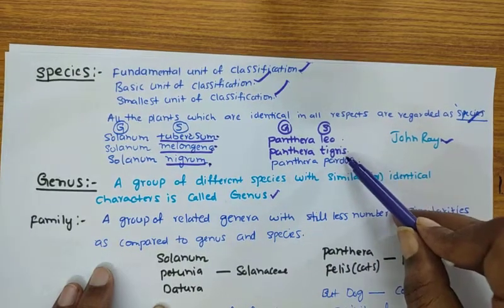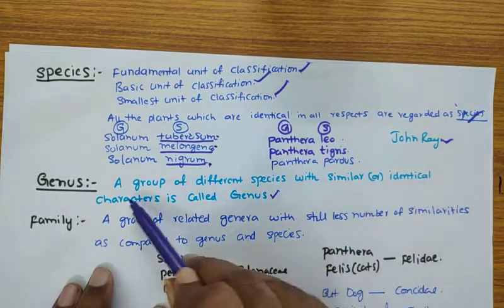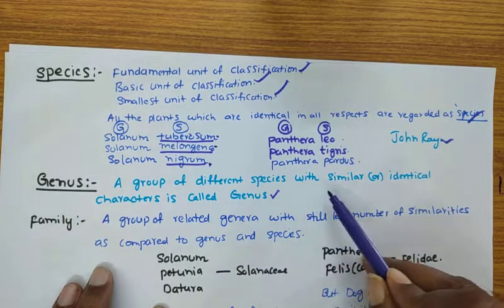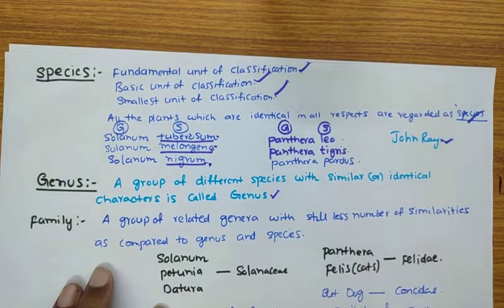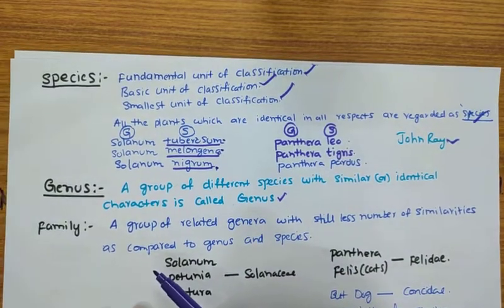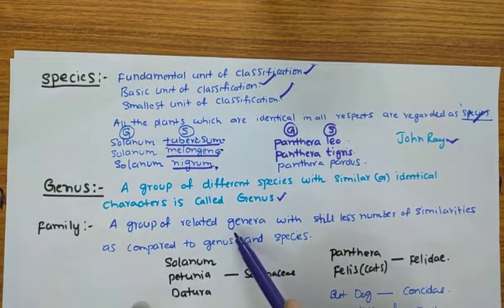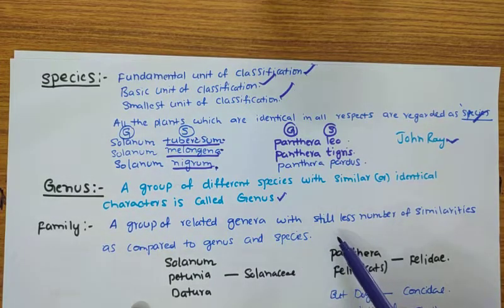These different species belong to a common genus. Then you go for the next hierarchy. What is that? Family. A group of related genera with still fewer similarities as compared to the genus and species.